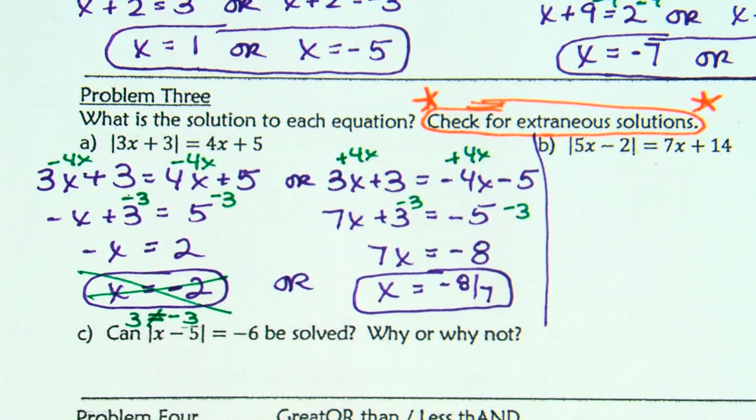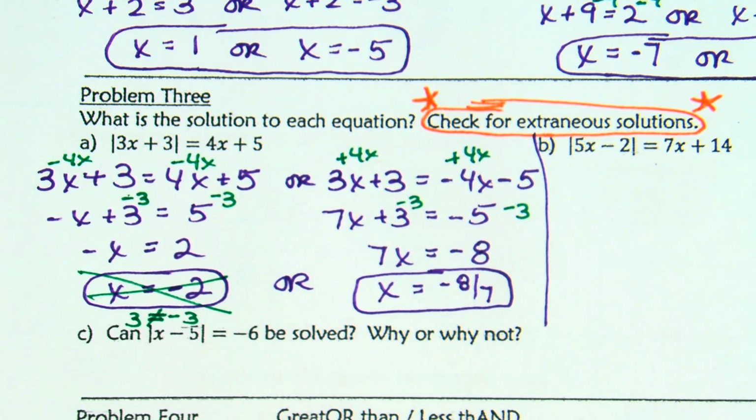Multiplying by 7. 3 times 7 is 21/7, right? Negative 24/7 plus 21/7 is negative 3/7. But we were on the left side, and the absolute value of negative 3/7 is positive 3/7.